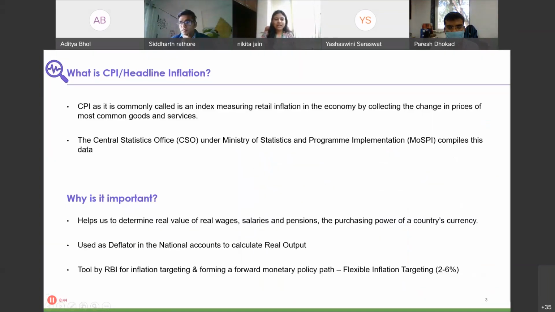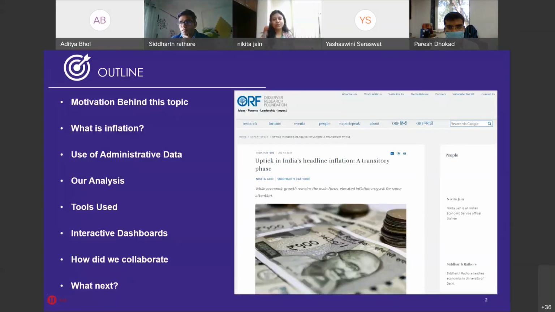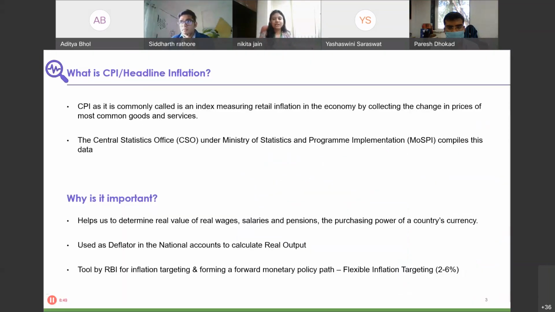Before delving into the analysis, I'd first like to talk about what inflation is, so that all of the audience who might not be from an economics background or do not know what inflation is will better understand the presentation. CPI, as we commonly know it as headline inflation, is an index which measures retail inflation.